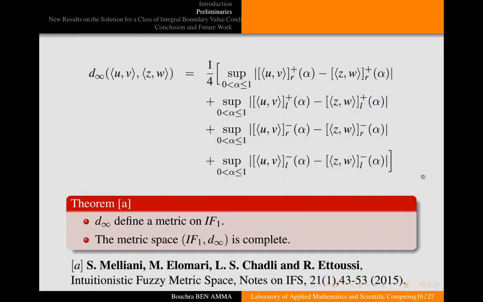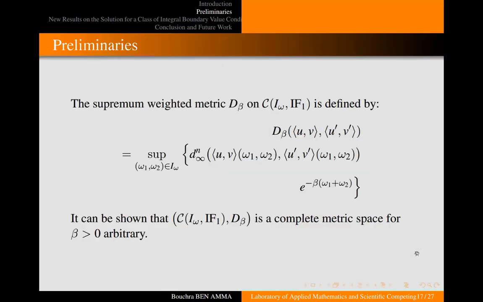On the space I of 1 we define the following metric, and the metric space I of 1 is complete. This intuitionistic fuzzy metric space was first initiated in 2015 by Professor Saïd Melliani and our laboratory colleagues.